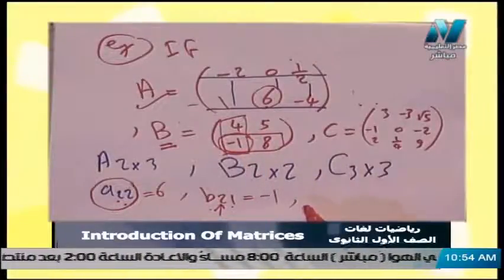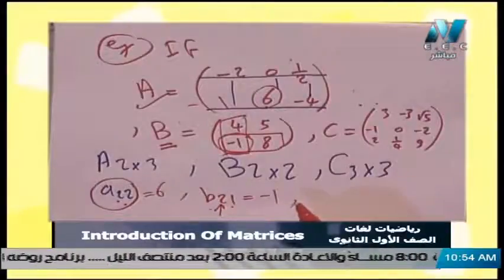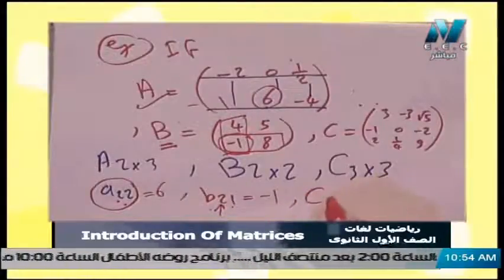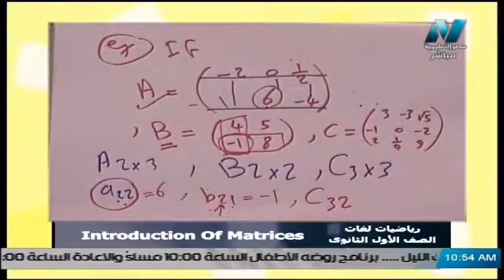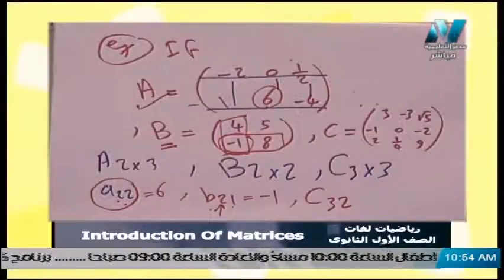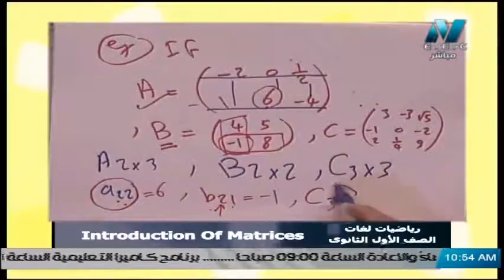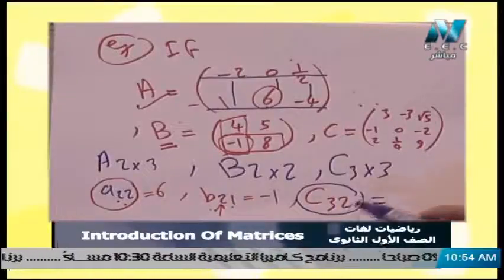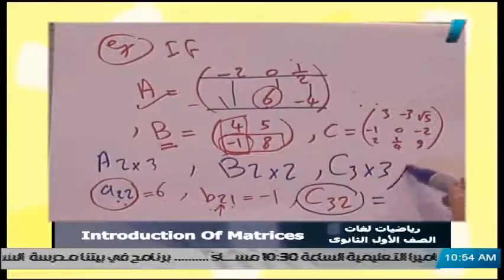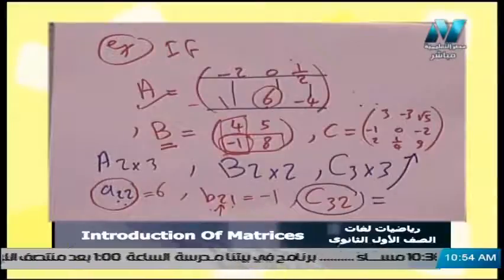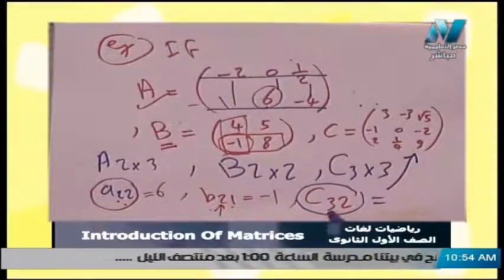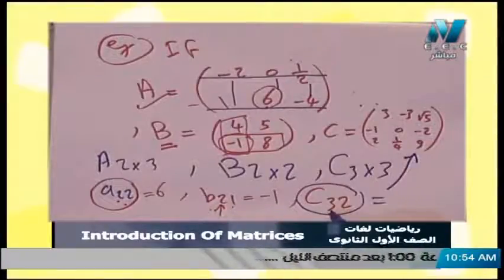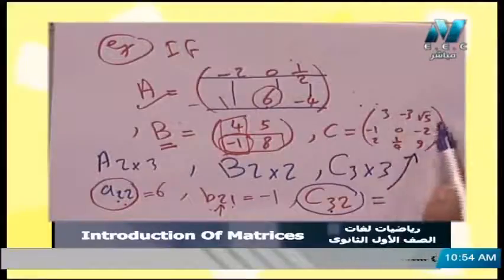Now C32. We have here small c, so it is an element in the matrix C, and 3 means the row number 3, and 2 the column number 2.